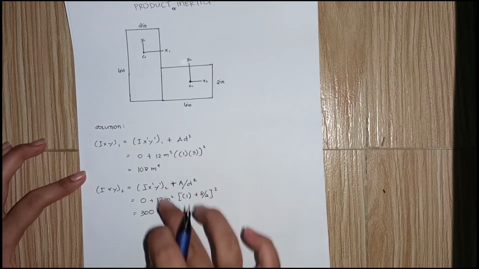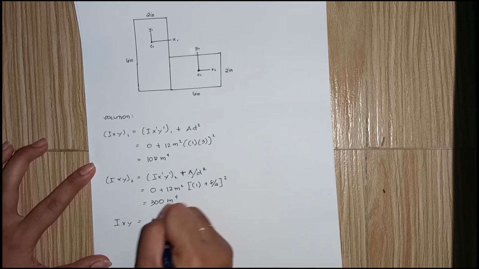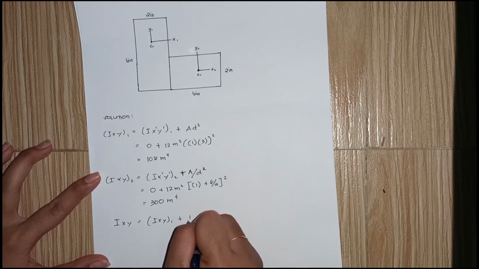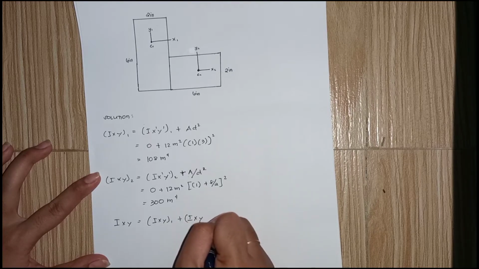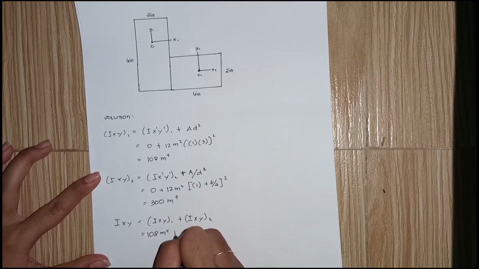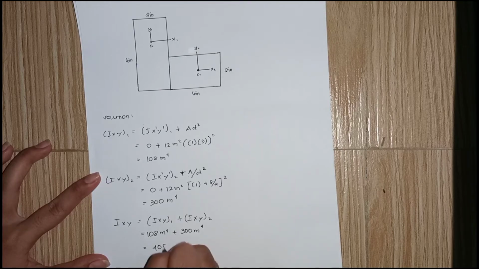So let's combine these two. Ixy is equal to Ixy1 plus Ixy2 is equal to 108 m to the power of 4 plus 3 m to the power of 4 is equal to 408 m to the power of 4.